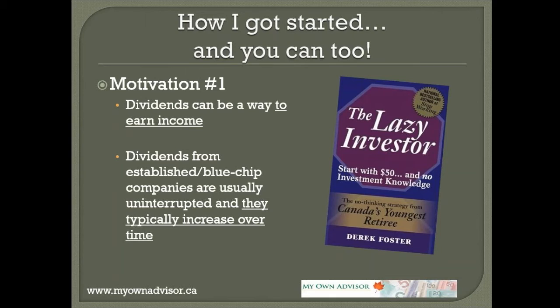So for folks that may be joining from the U.S., again, the book is really written from a Canadian context, but certainly the themes apply in that with very little effort, you can start your investing journey with, I wouldn't say no investment knowledge like Derek Foster says, but with very little money.